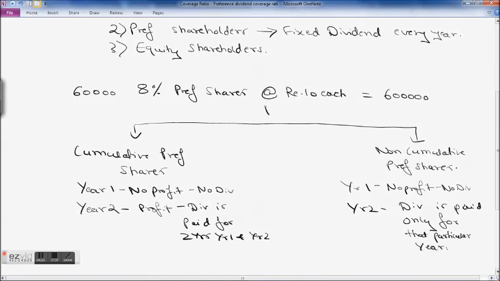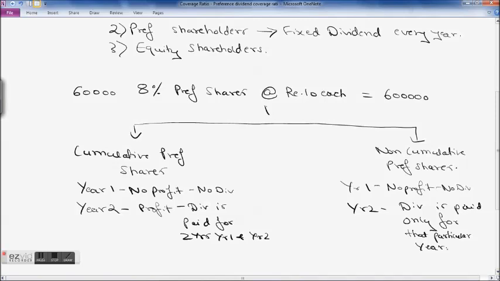Okay, so if you see, the nature of a preference share is something between the equity share and the debentures. Whenever there is a profit, there is a fixed liability to pay your preference share dividend at the fixed rate given. So we need to find out the preference shareholders' coverage ratio.